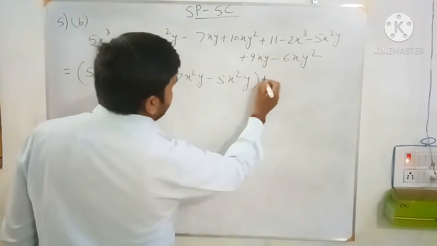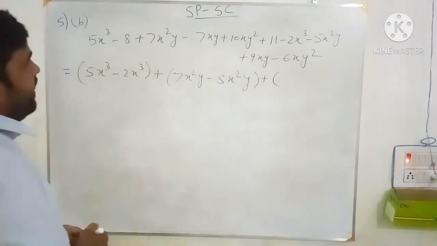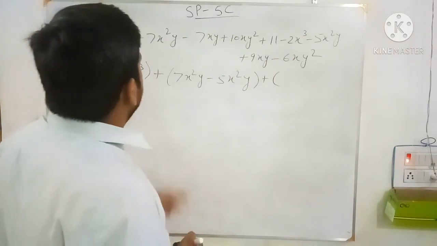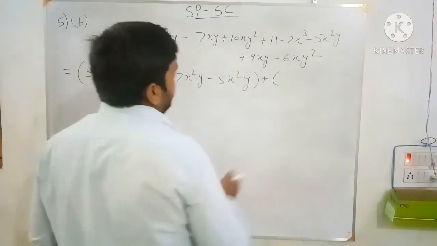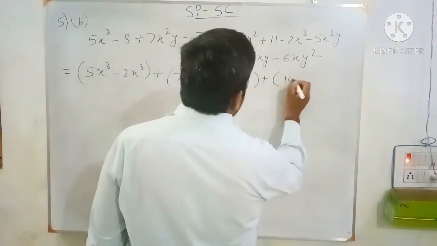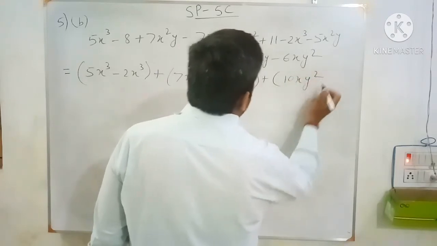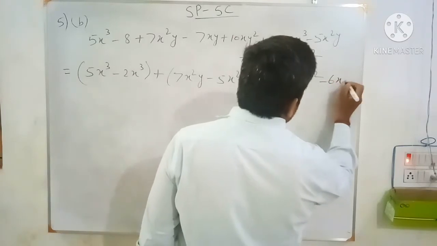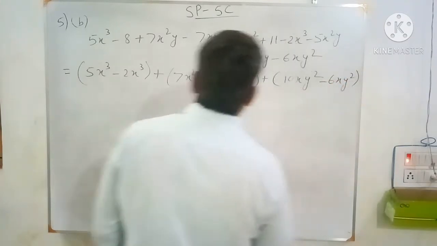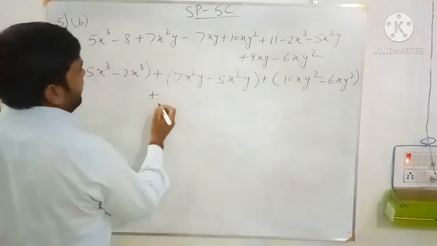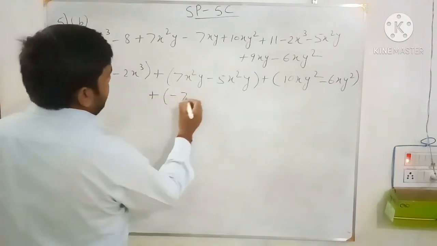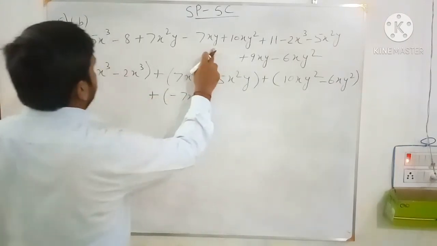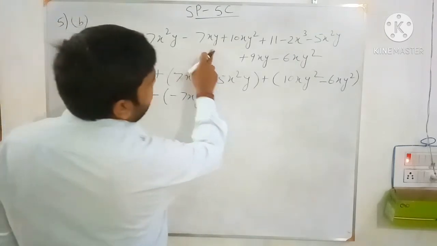Next group is the xy square that I am going to create: 10xy square and minus 6xy square. The third group I am going to create of xy: that is minus 7xy, the first one you can see, and another is plus 9xy.